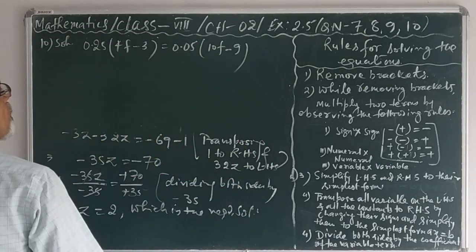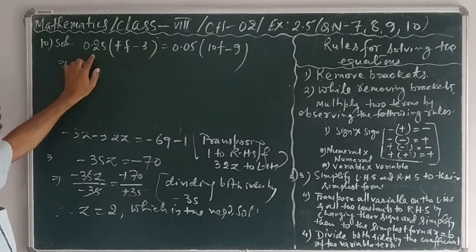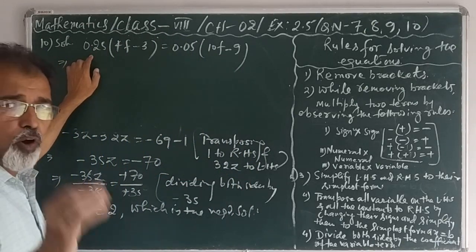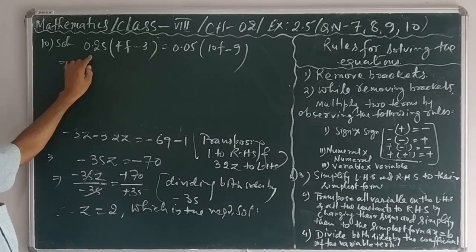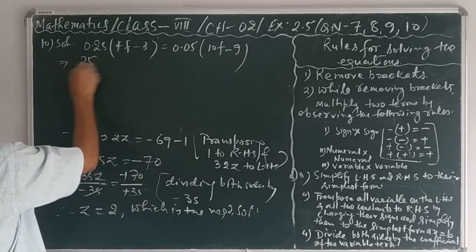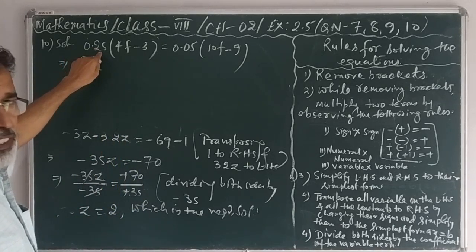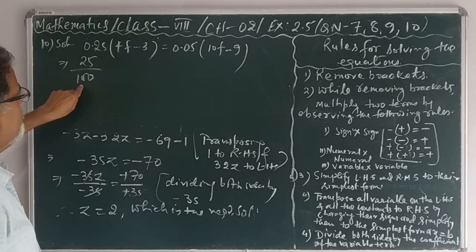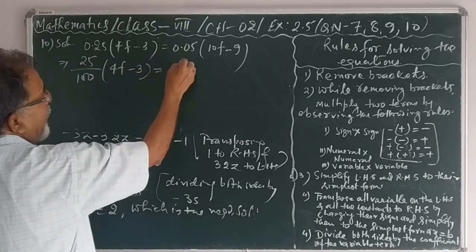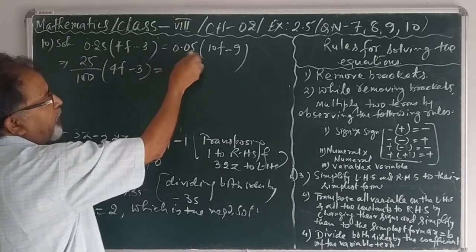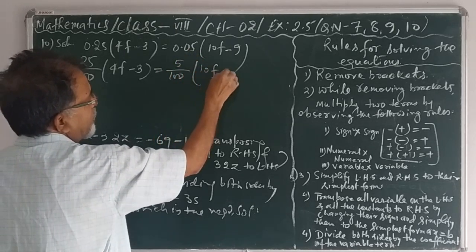Here I am going to express this decimal number as a rational number in the form P by Q, and you already know how to express 0.25 in the form P by Q. Here we can write 25 by 100 because this number has 2 decimal places, that's why you write 1 followed by two zeros, that is 100, into (4f minus 3). And after the decimal point there are 2 digits, that's why you write 5 by 100 once again, into (10f minus 9).